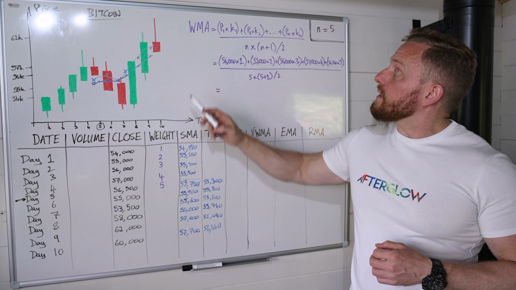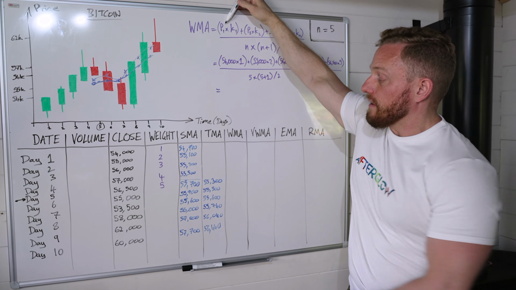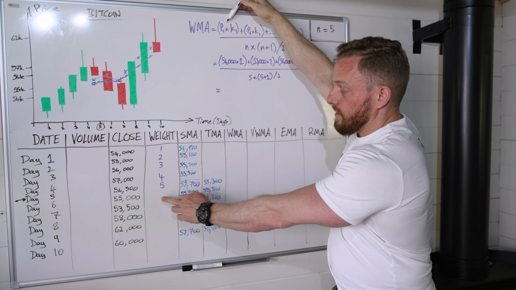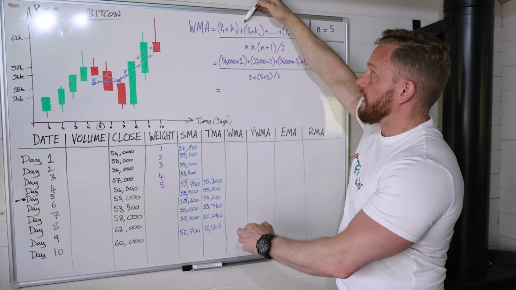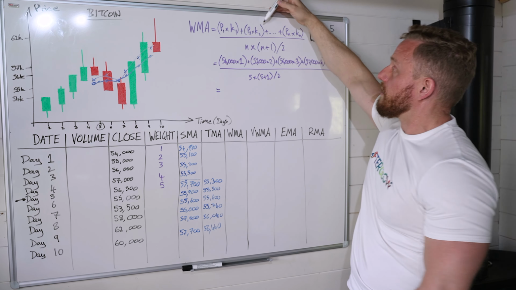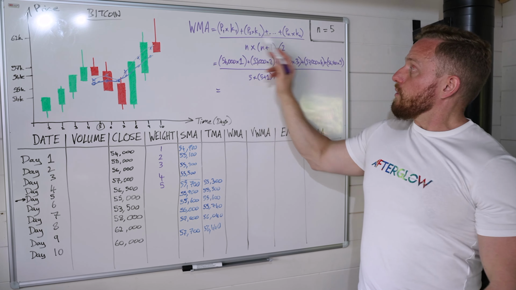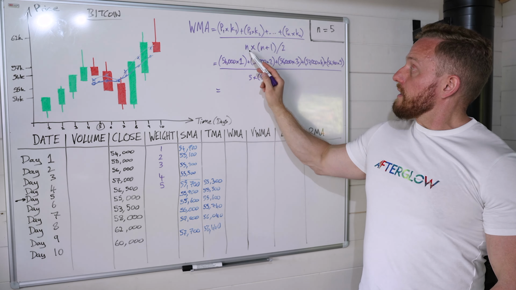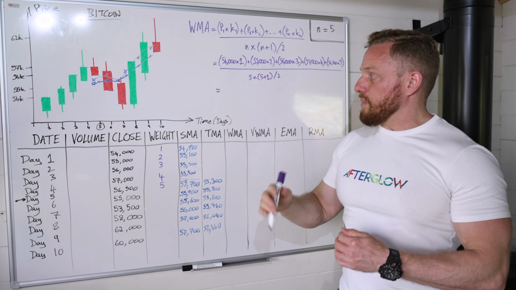So when you look at the WMA formula, we're multiplying the price on that day by the weight. Then we add the price on the day before multiplied by its weight, and so on, which I've plotted here. And then all of that is divided by this formula, which factors in the time period.